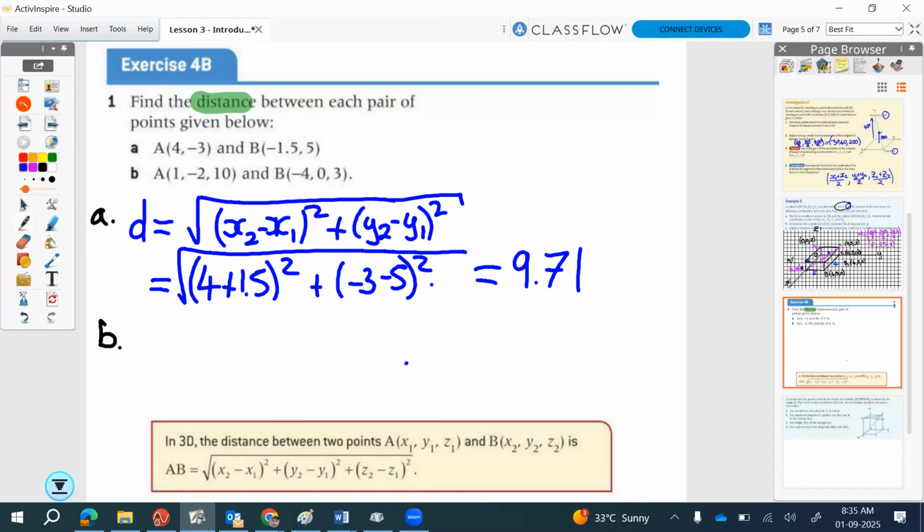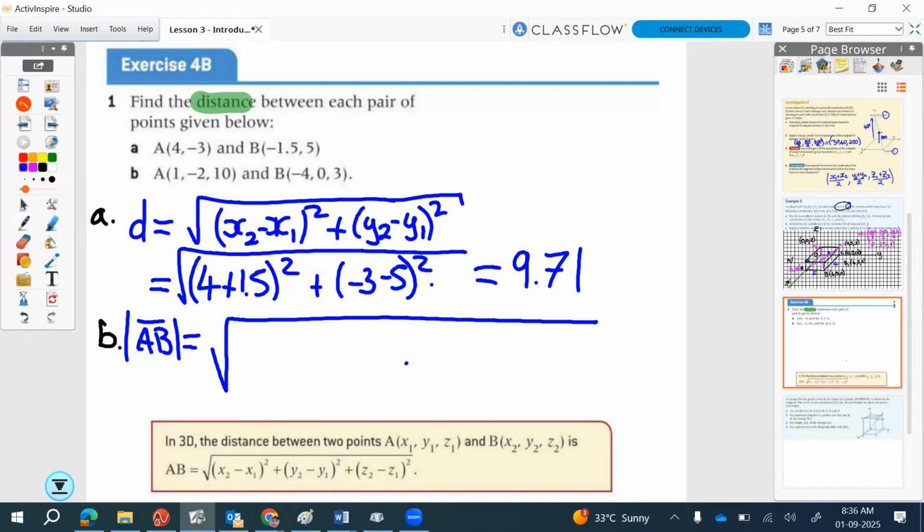Then we want to try it in 3 dimensions. Same as the midpoint formula, we just extend by 1 more, so we add the difference between the z values into the formula. So our distance AB, we want the absolute value of AB. That's the distance.